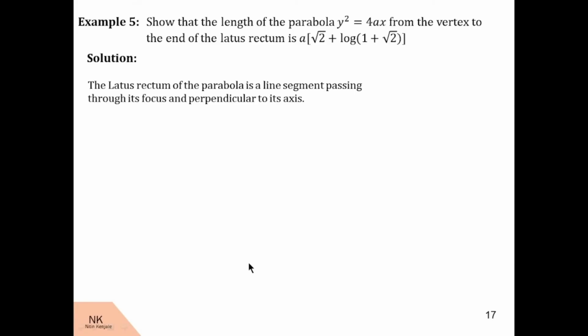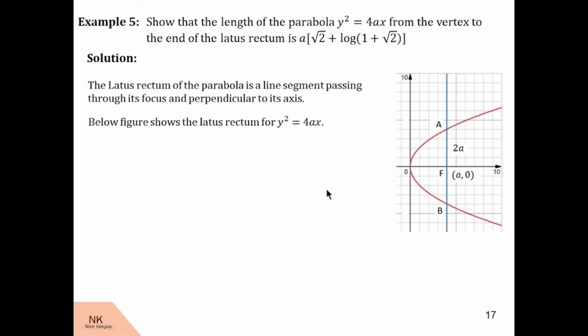We know the latus rectum of the parabola is the line segment passing through its focus and is perpendicular to its axis. Below is the latus rectum for the equation y square is equal to 4ax. This is your parabola y square is equal to 4ax, and this blue line represents its latus rectum.